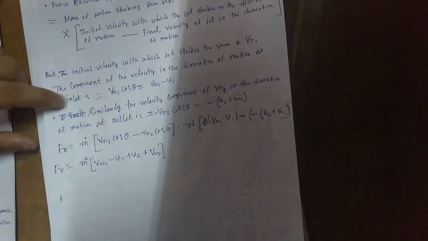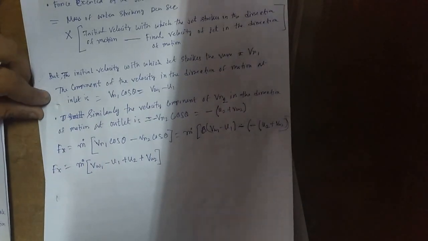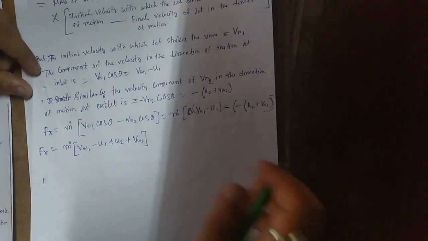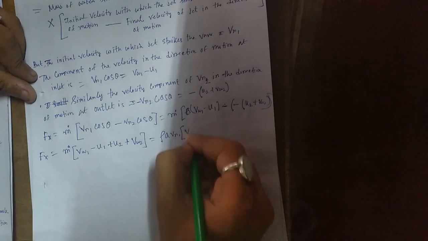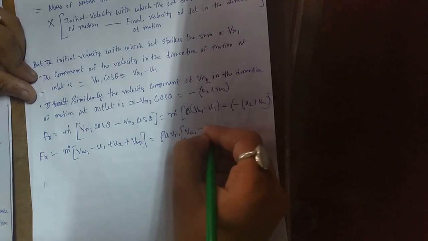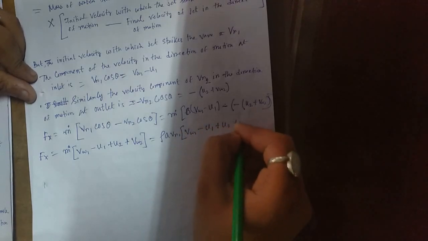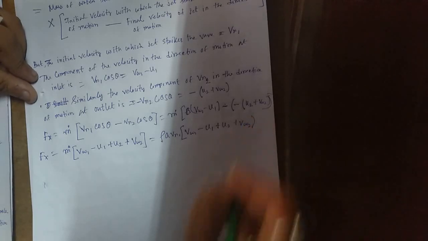So this is the force exerted, that is rho A VR1 into VW1 minus U1 plus U2 plus VW2.